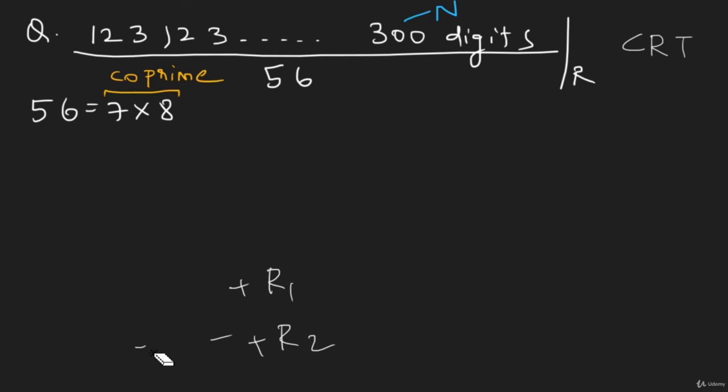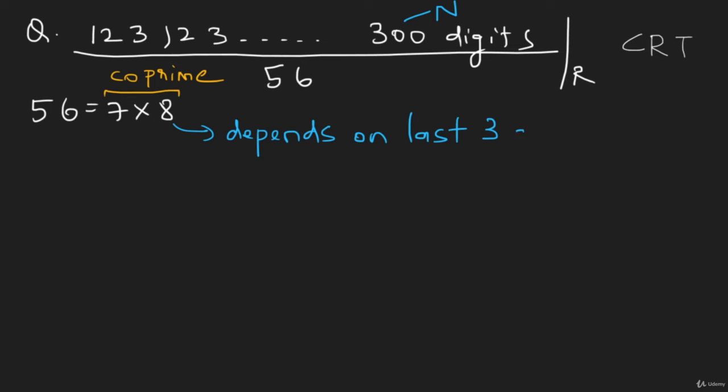First let's start with 8. We know that the divisibility of 8 only depends on the last 3 digits, right? Therefore, if I want to divide n by 8 and get the remainder, I just need to divide the last 3 digits. In this case the last 3 digits will be 1, 2, 3 itself, right? Because over here you can see 1, 2, 3, 1, 2, 3 gets repeated and you have 300 digits.